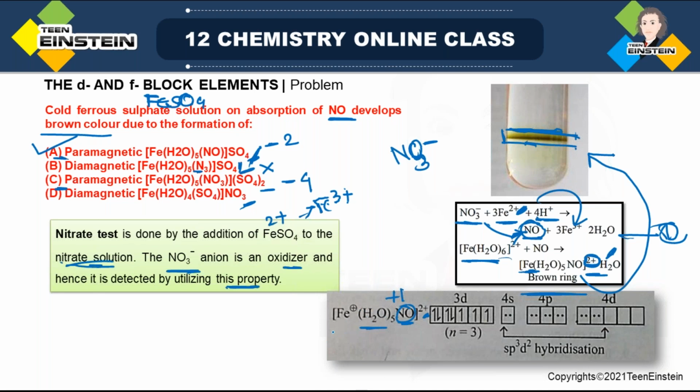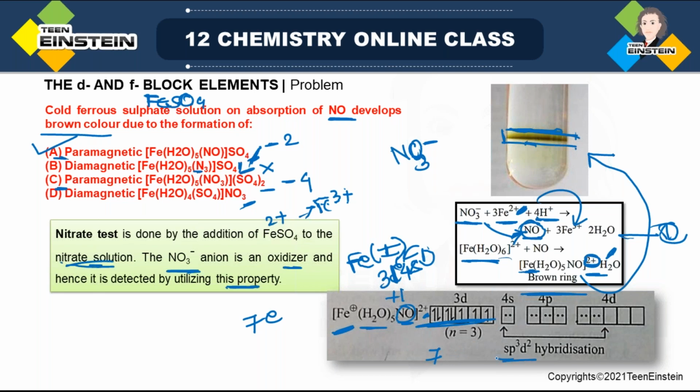Now if iron has oxidation state +1, what will be the configuration? It will be 3d6 4s1, because you have just removed 1 electron. Now 3d6 4s1 means 7 electrons. This 4s electron will be promoted to 3d, so in 3d there are a total of 7 electrons. Why is it promoted to 3d?